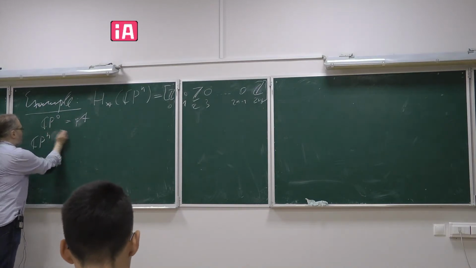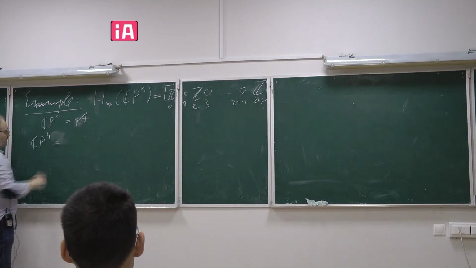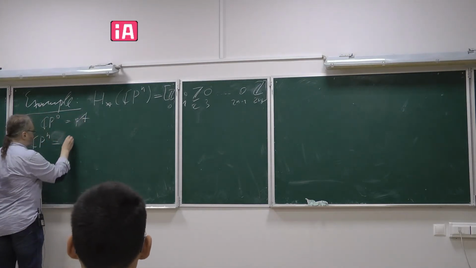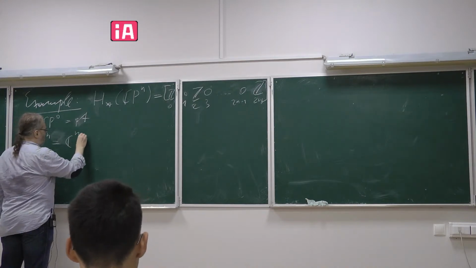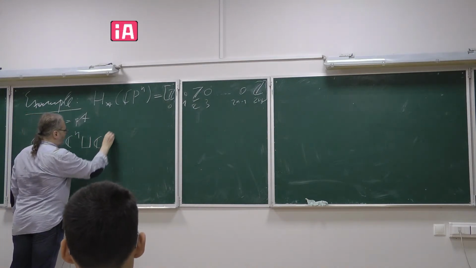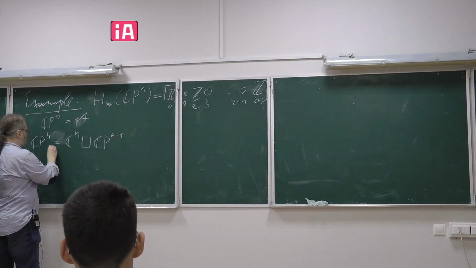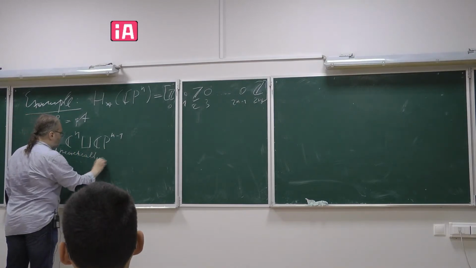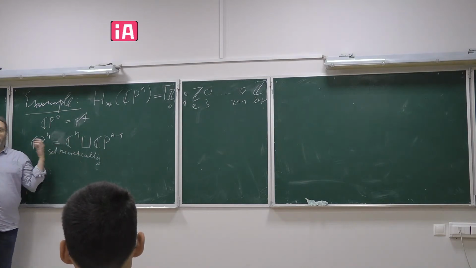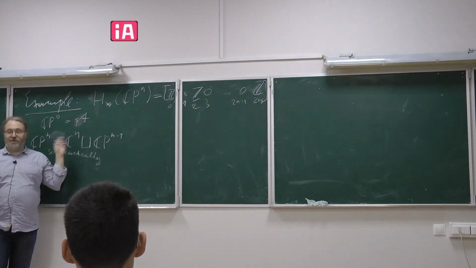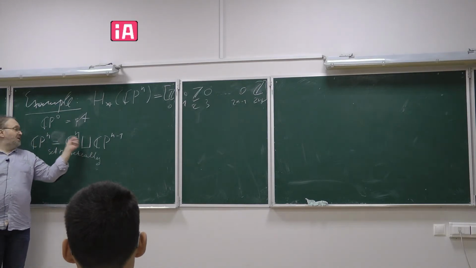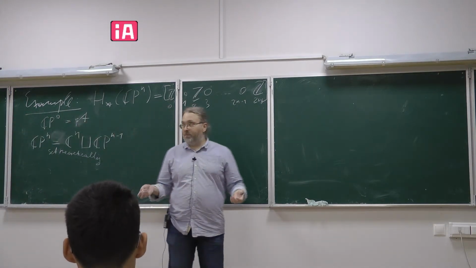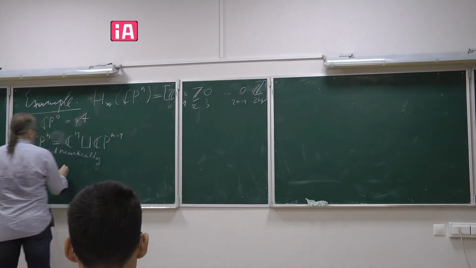Let me take CP^n. Basically, set-theoretically, not topologically, this is very important, CP^n is C^n disjoint union with the hyperplane at infinity, which is CP^(n-1).